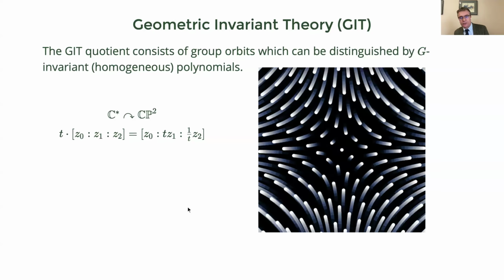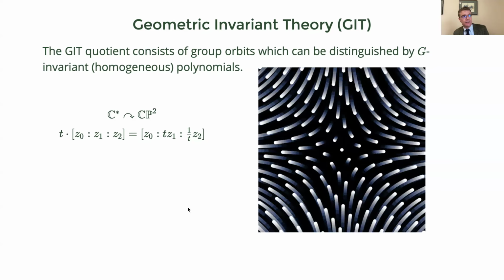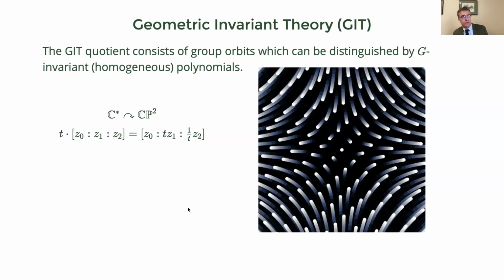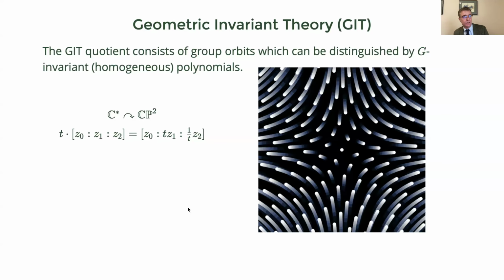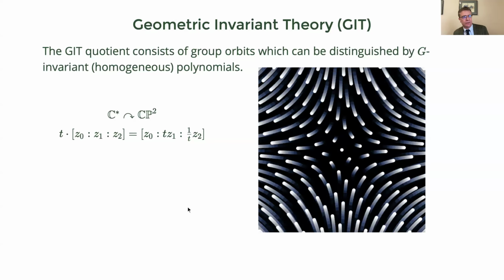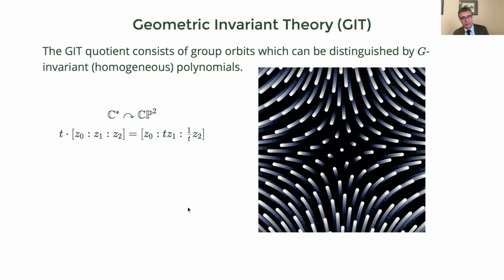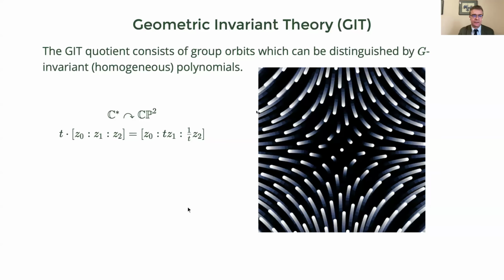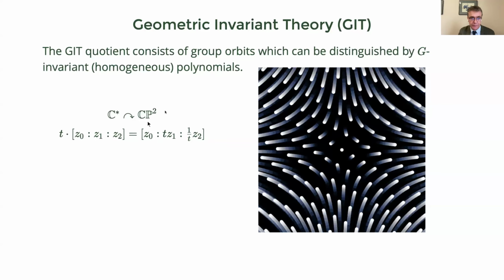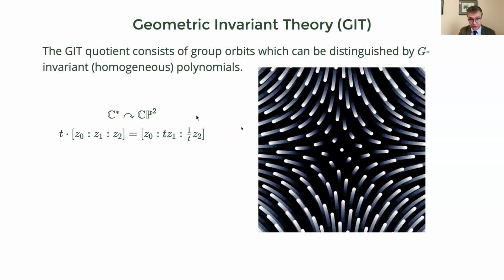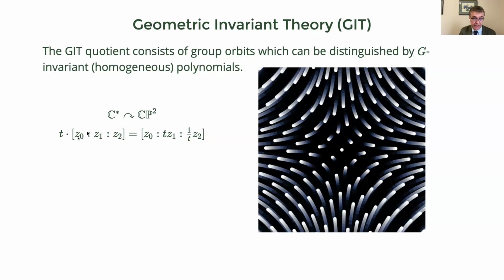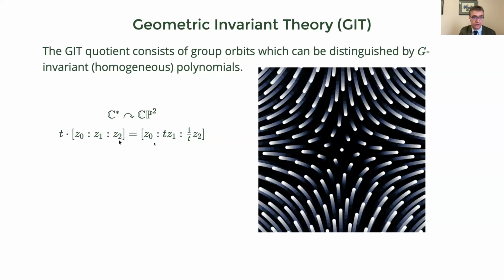And the problem that you encounter is that in general, these algebraic groups are non-compact. And if you just took the usual topological quotient, you would not necessarily get something that was a variety. In fact, you could get non-Hausdorff quotients and all kinds of sort of terrible behavior. So this is sort of a visualization of an action of the non-zero complex numbers on the complex projective plane. And what you're looking at is, okay, so complex projective plane, if you work in homogeneous coordinates, you have 3 homogeneous coordinates.